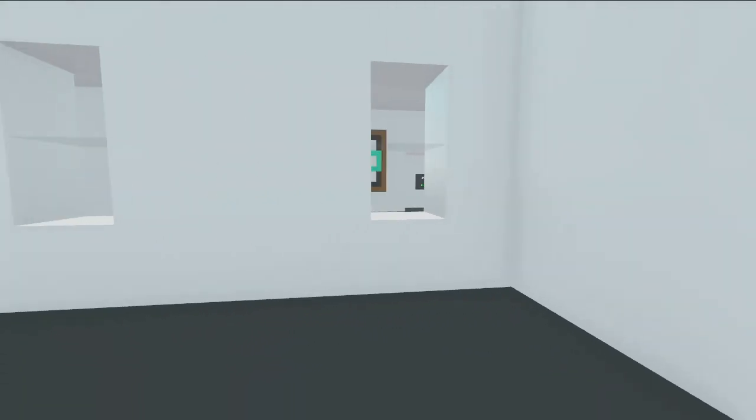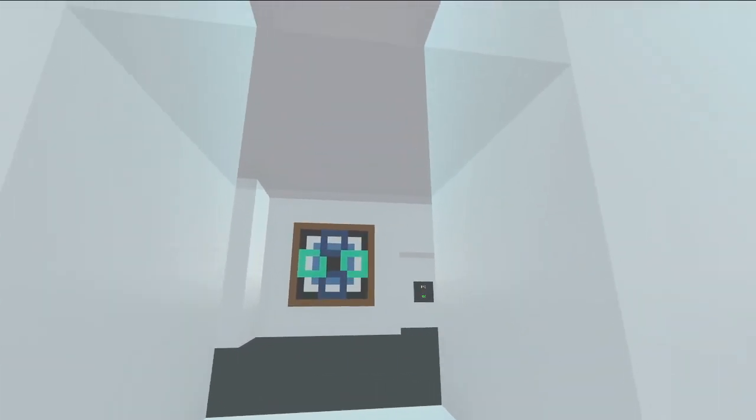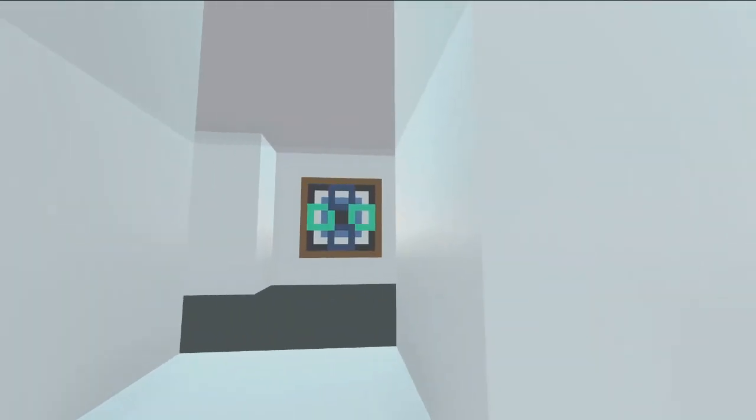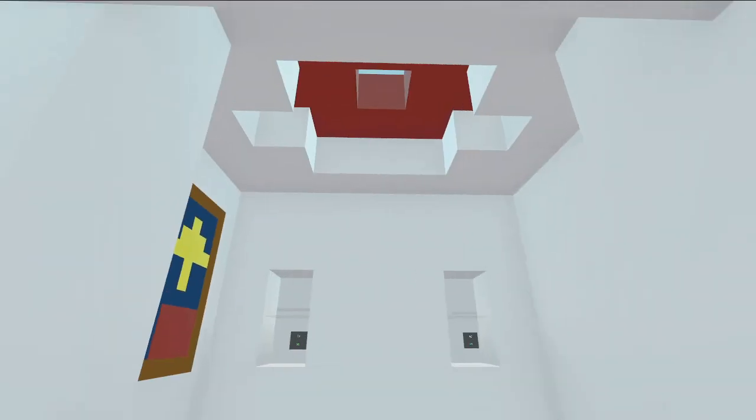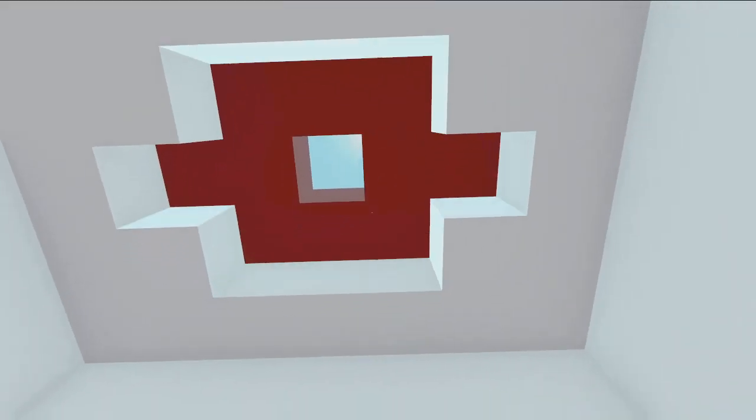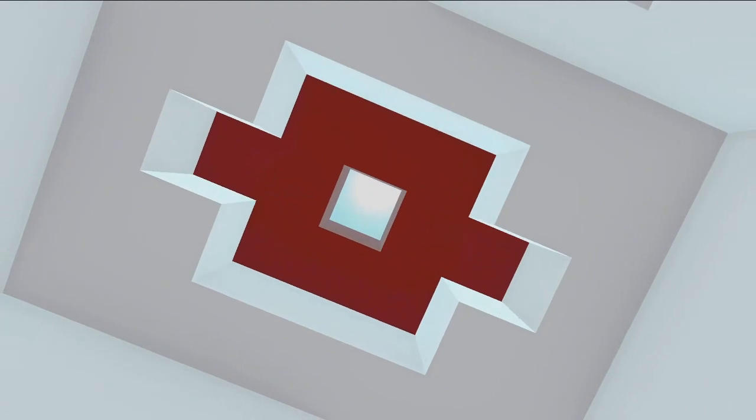I could also just warp out. That painting over there, I haven't gone there in a while. Where is that? Well, it's what would happen if I actually get through here, I think. Oh, can I just go around? Hold on. Have I ever gone around? I don't remember. That looks like an eye.